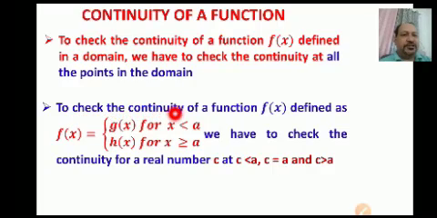To check the continuity of a function f of x defined as g of x for x less than a, h of x for x greater than or equal to a, we have to check the continuity at a real number c, where c is less than a, c equal to a, and c is greater than a.